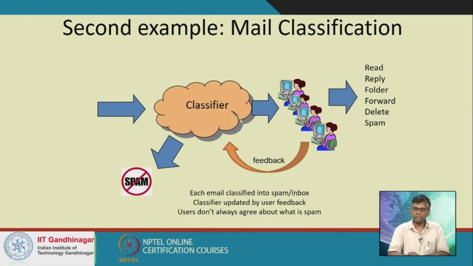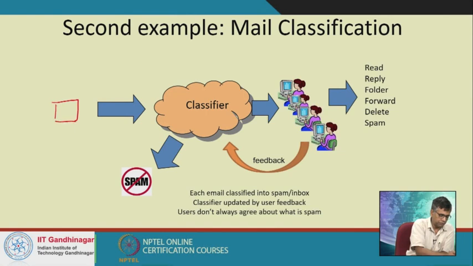For the second example, let us look at the problem of mail classification. Suppose a piece of mail comes to us, and now we have to decide whether to put it in a particular user's inbox or in the spam box. In order to do this, all the standard online email systems, so think of a webmail system, have their own classifiers that they have trained.